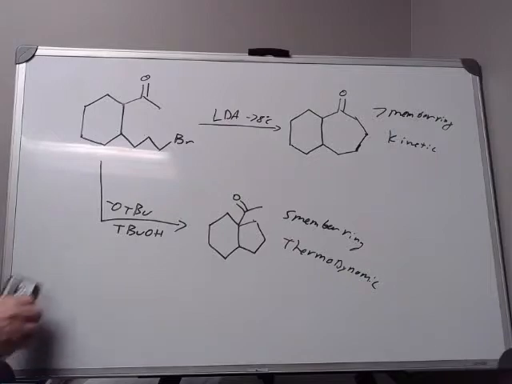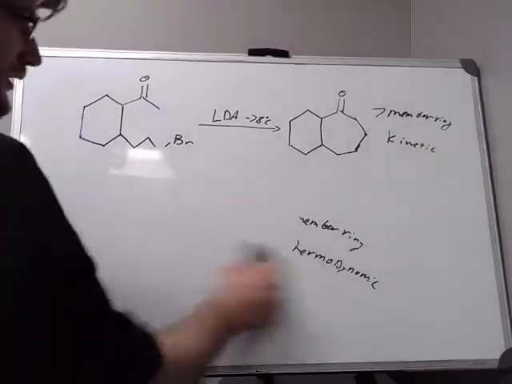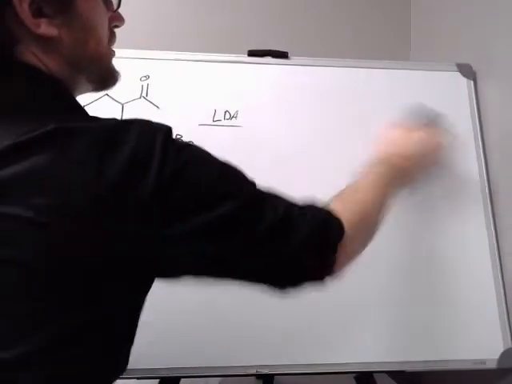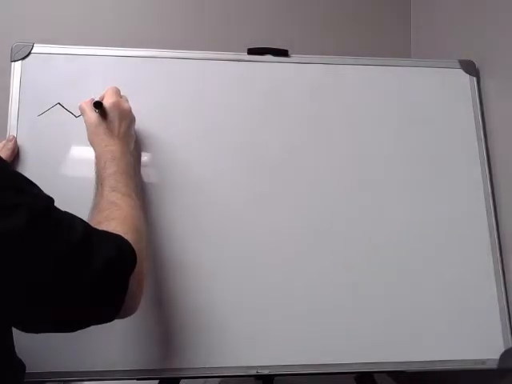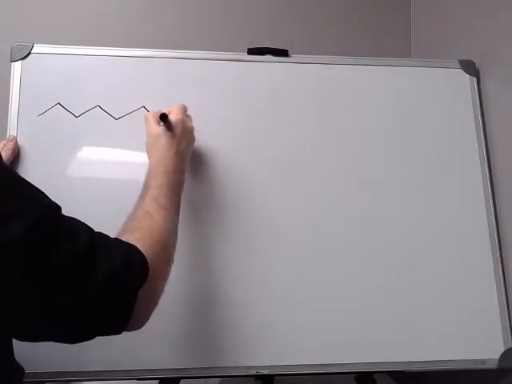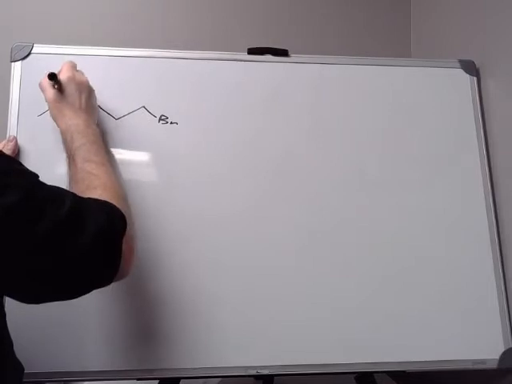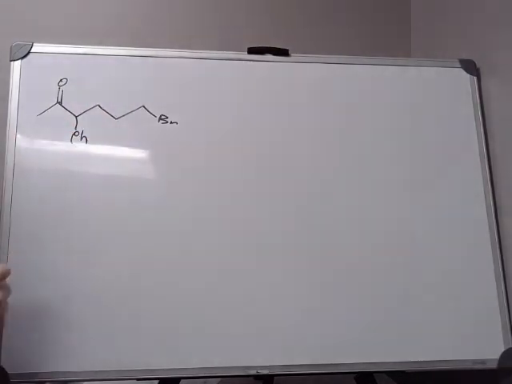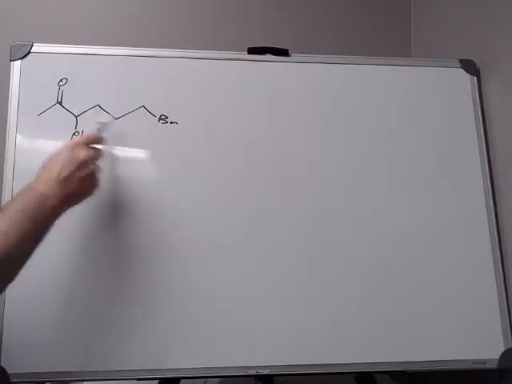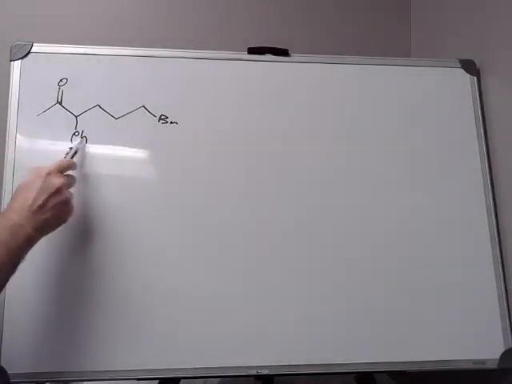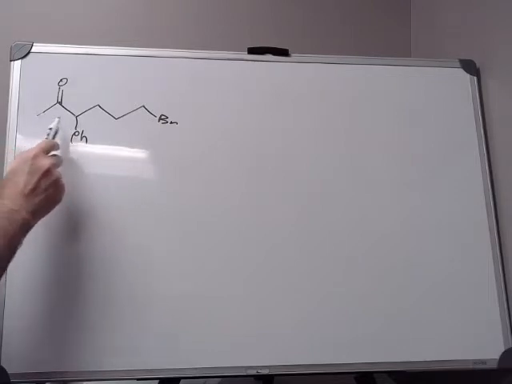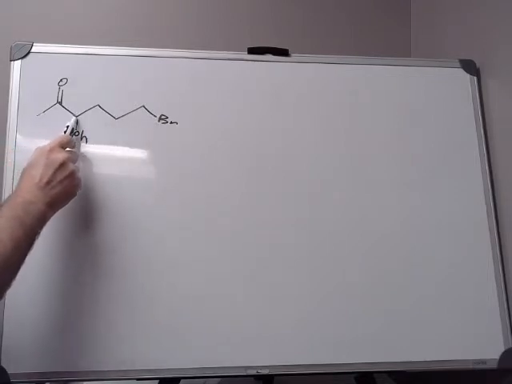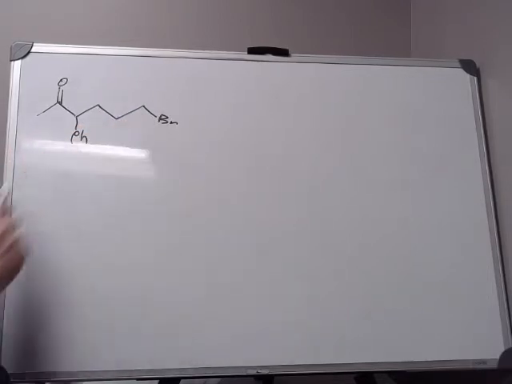So we'll look at another one of these intramolecular alkylations. So now we have a ketone with a methyl group and this phenyl group on this alpha carbon here. And the bromine is located 1, 2, 3, 4 carbons away.